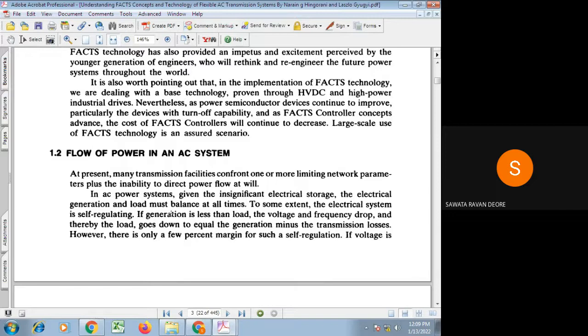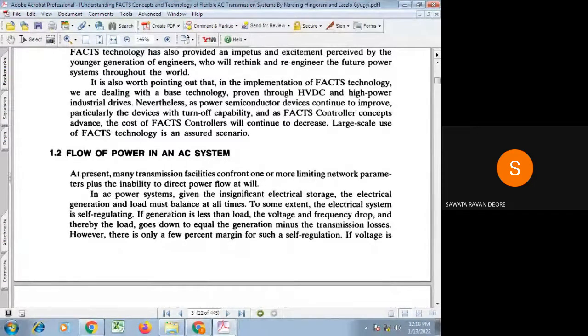If we come to know that for a given loading condition and generation, a particular line is overloaded, there is no control to divert the power flowing through that overloaded line. Similarly, if a transmission line is underloaded and we want to load it more, there is no control in our hand to increase its loading. All of that happens in an uncontrolled manner, decided by the location of generating stations, location of load centers, the transmission line interconnections and their parameters, and so on.